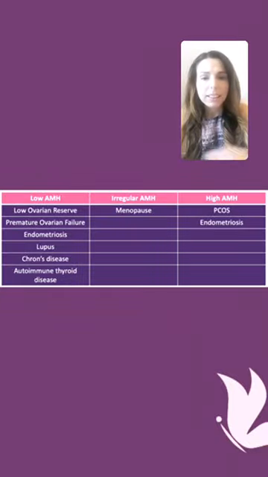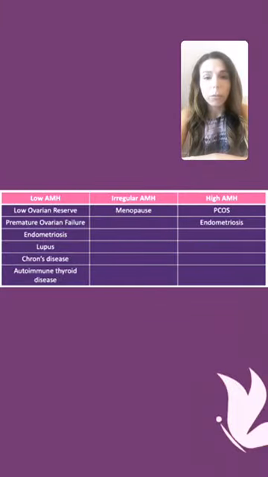So is it a good indicator of ovarian reserve? That is one of the most common questions I am asked. And usually AMH is considered the best test of ovarian reserve that tells you if you have a good quantity of eggs in your ovaries.